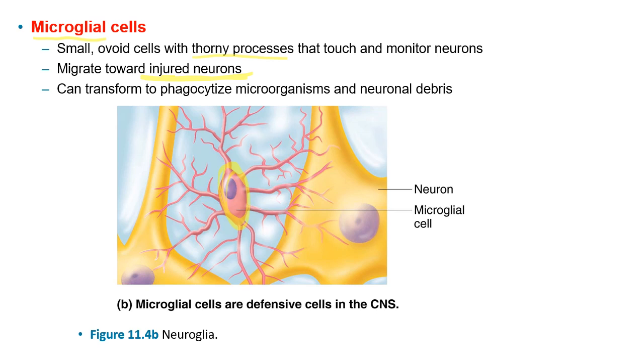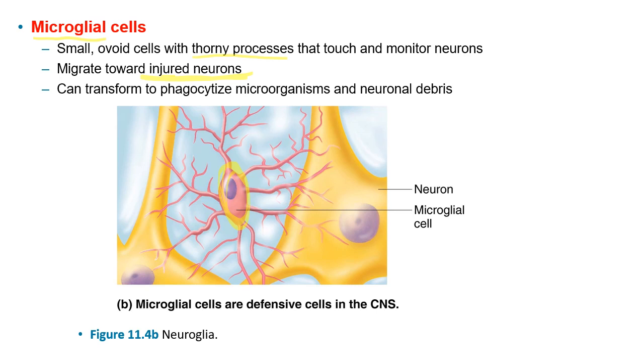They are also part of the immune system of the brain. Because we know that the white blood cells that are part of your peripheral immune system don't get into the CNS. Your big macrophages and those white blood cells do not go through the blood-brain barrier, so they stay in the periphery area.